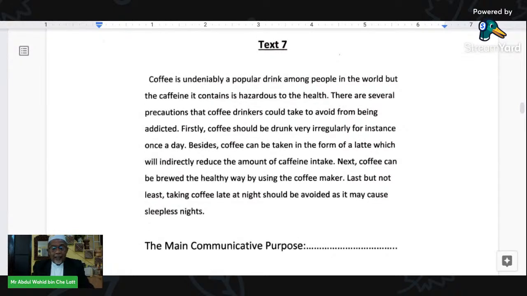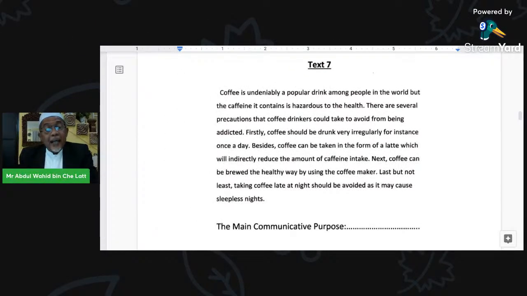Okay, the main idea of the text is to argue about coffee consumption. The argument is indicated by the finite verb phrases should be drunk in line 4, can be taken in line 5, will reduce and can be brewed in line 6, and should be avoided in line 8.